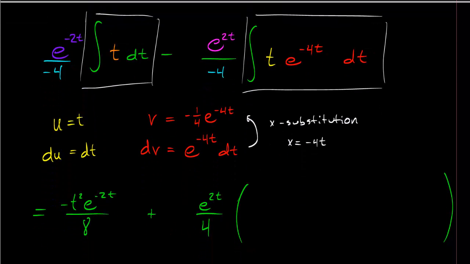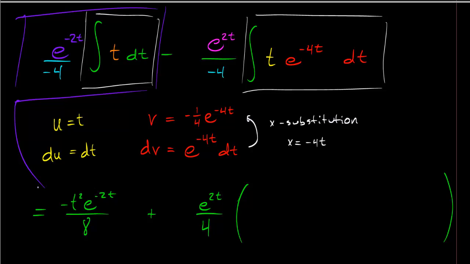Okay, so how do we put that to use? Well, the first thing I'm going to do is combine all of this into one term. That goes right down here. This becomes negative t squared e to the negative 2t over 8. So we get t squared over 2 as our antiderivative, and combine all the terms into one fraction, and this is what we end up with. You'll notice I didn't include an integration constant.